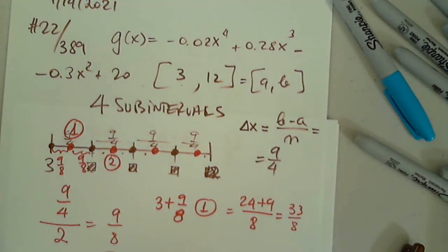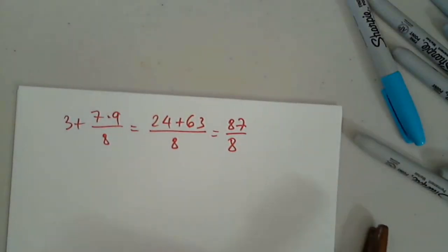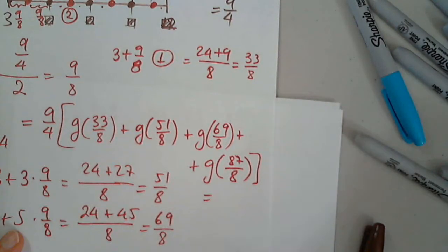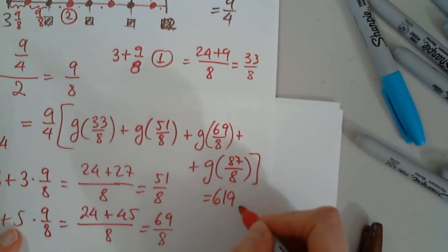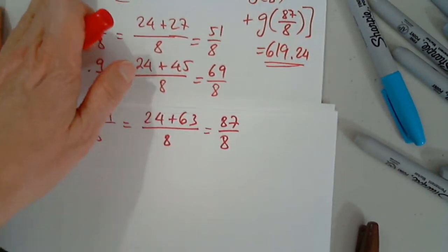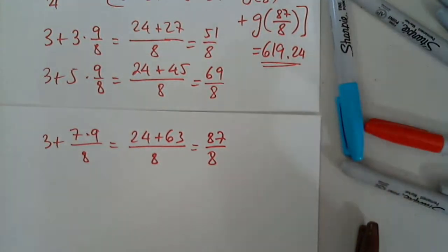However, now we can check. So let me copy my answer, assuming I entered everything correctly, 619.24, and I will check this in a blink. Very easy, because now we have the information and we know how to do this.